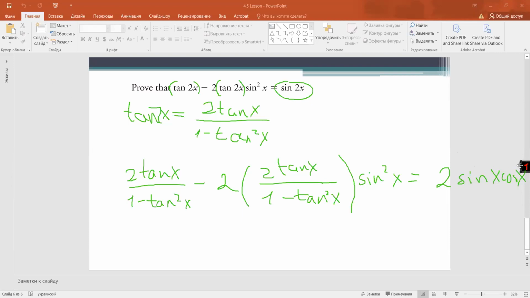First of all, let's see what we have here. On the left-hand side, we have a common factor of 2 tangent x here and there. Common denominator, obviously.